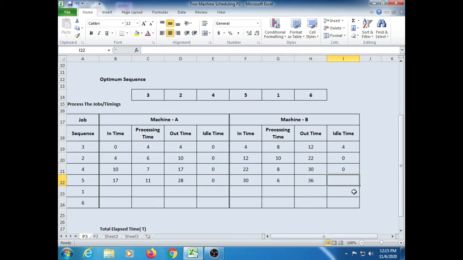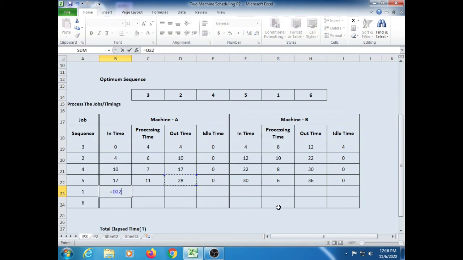For calculating the idle time, the out time minus the in time gives the idle time of machine B, that is 0. Okay, next, we have processed the fifth job on both machines. Then we will go for the next job.